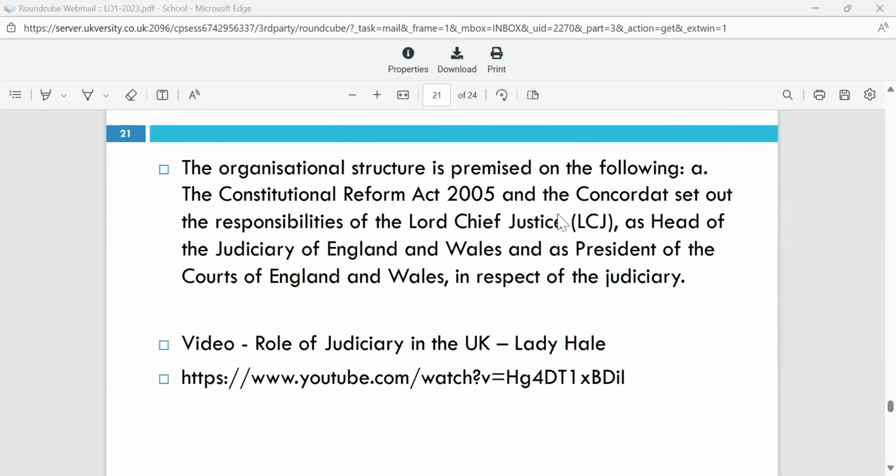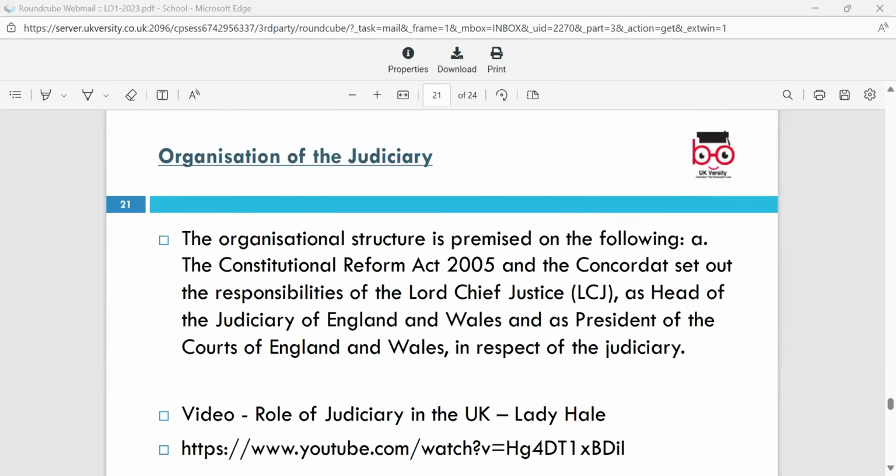Then we have got the organization of the judiciary, in regards to the Constitutional Reform Act. That act was a UK act in 2005 that reformed the judiciary and promoted a separation of powers.